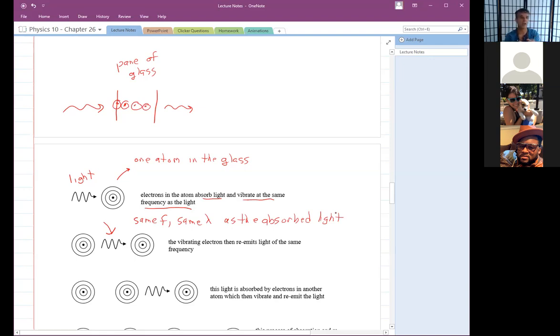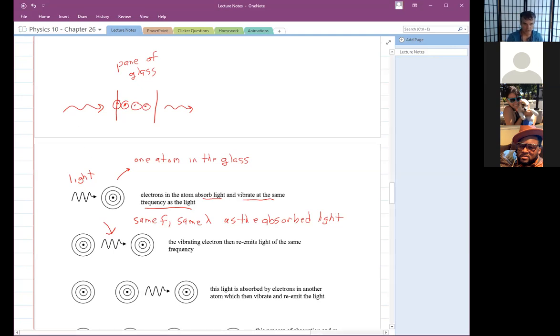If I could somehow put a little name tag on this light that's coming into the glass, when it gets absorbed by the electron, it's done. It no longer exists. But that oscillating electron will then emit another piece of light, which is identical in every single way to the light that was absorbed. But technically, it's a new piece of light. It didn't exist before. The oscillating electron created it.